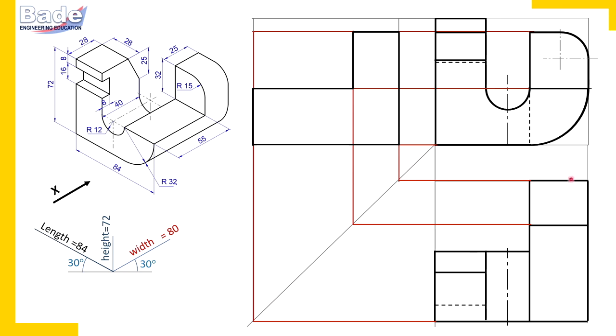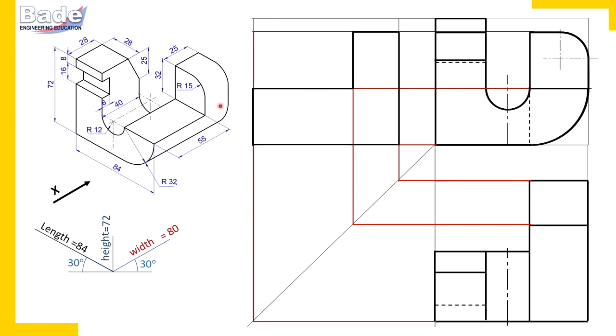In the top view it is a rectangle, and in the side view also it is a rectangle, this rectangle. Only this portion, if you think about it. So front view shows the shape, and the remaining two views are rectangles. And this lower portion, this lower quarter circular block, appears as a rectangle in the top view and a rectangle in the side view.